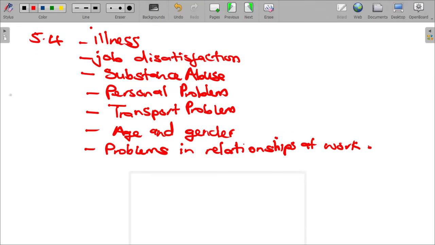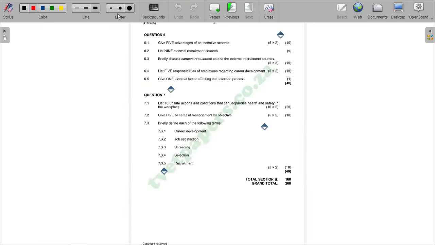Or it might be due to boring work or repetitive work, whereby one is bored of repeating the same work every day. So these are the causes of absenteeism.